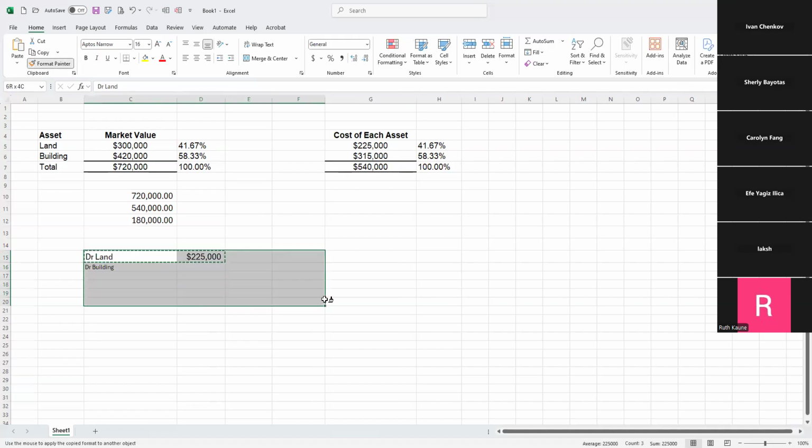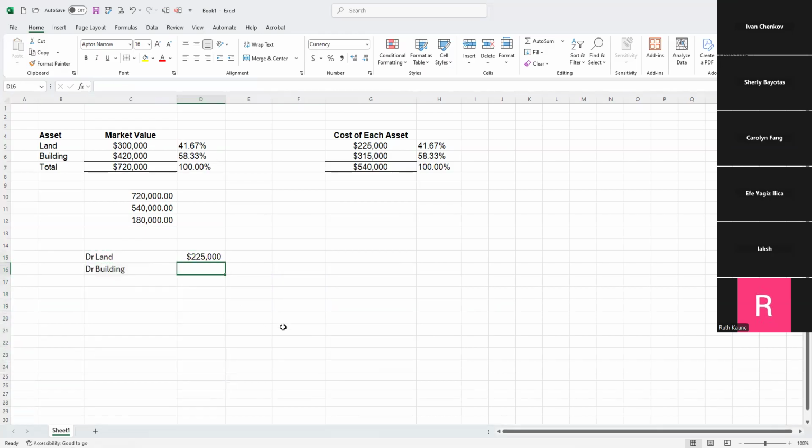Let's format those cells here. That will be 350,000, and then I'm going to have here a credit to cash, and the cash will be for the amount of $540,000, and my job is done. I did my journal entry.